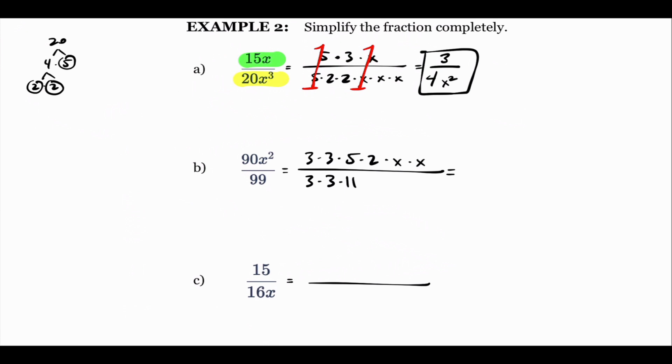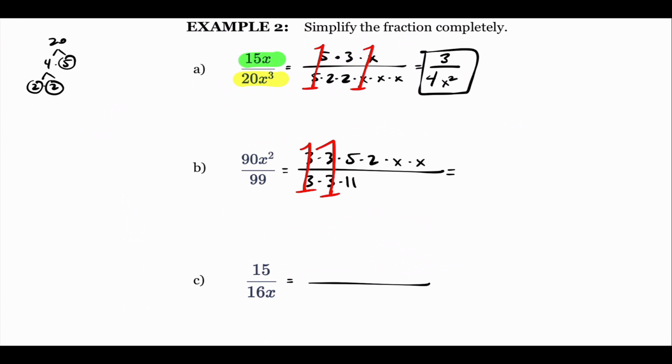So 2b, I got 90x to the second power. So 90 breaks down to 3 times 3 times 5 times 2. And then x squared is x times x. The bottom is 99. So 3 times 3 times 11. 11 can't break down any further. Look for what they have in common.